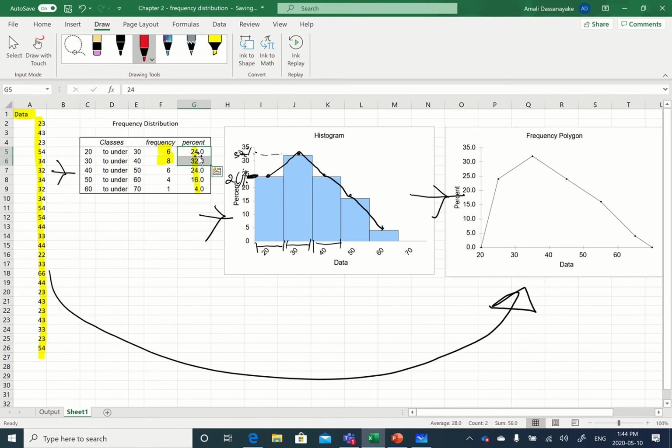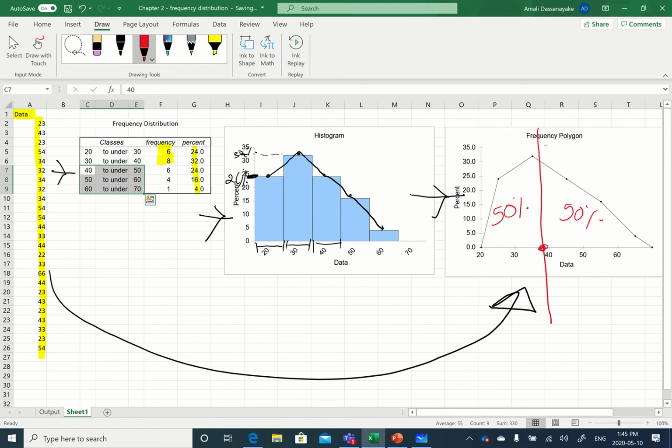So 56% of the data are between 20 to 40, and then the rest of the percentage is from 40 to 70. So basically the center is somewhere around 40. 50% of the data are below that number, 50% of the data are above that number.